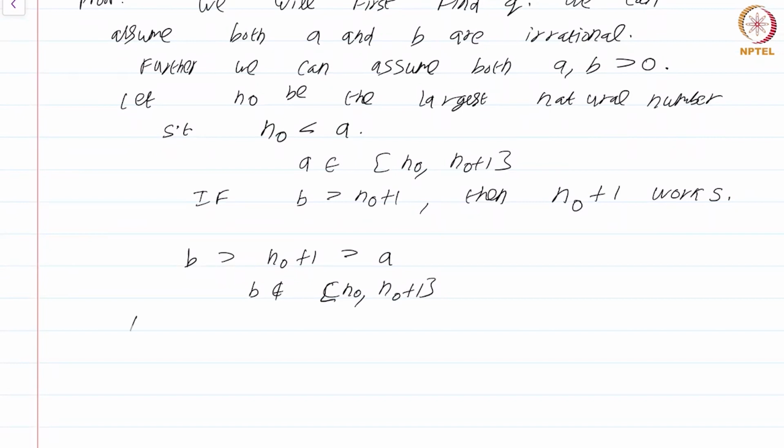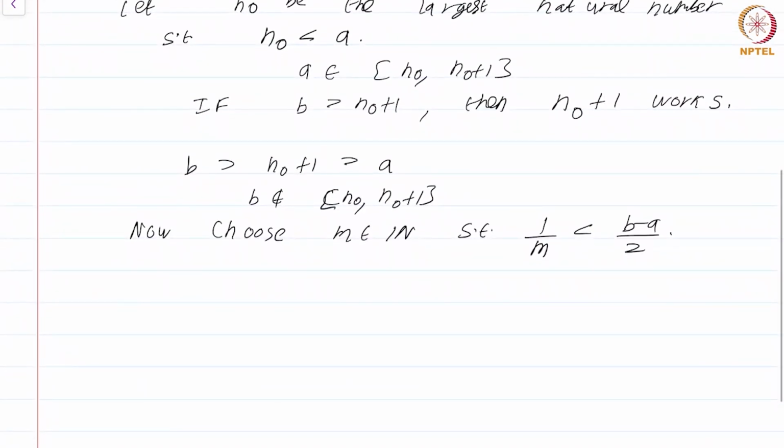Now choose m in the natural numbers such that 1 by m is less than (b minus a) by 2. And let k be the largest natural number, again non-negative.